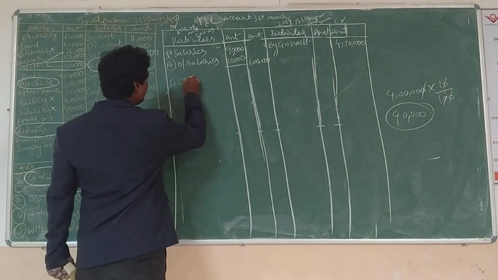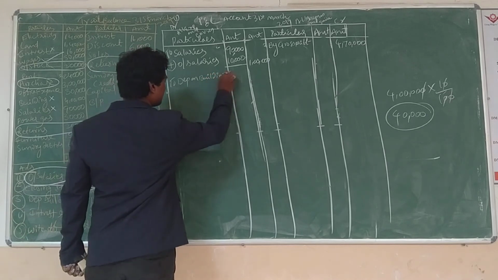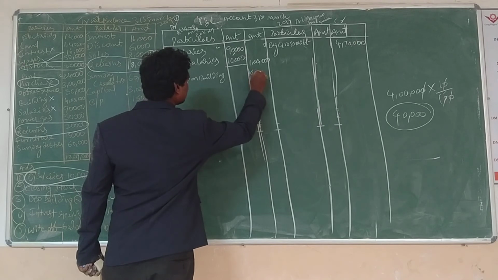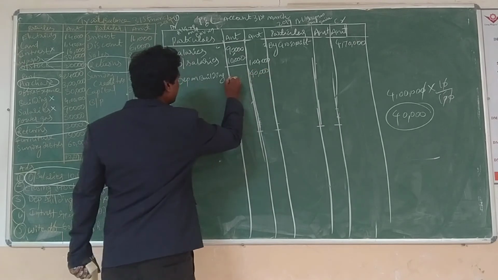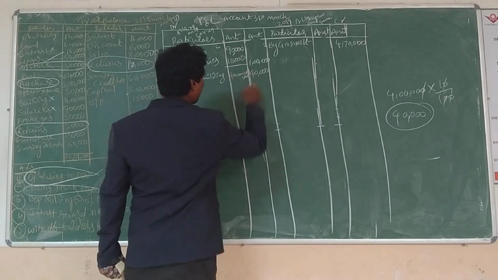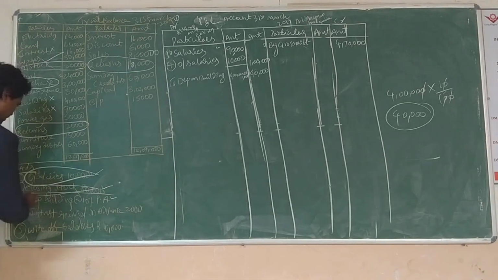To depreciation on building, 40,000. Now we can do here 4 lakhs into 10 by 100, 40,000 is our answer.